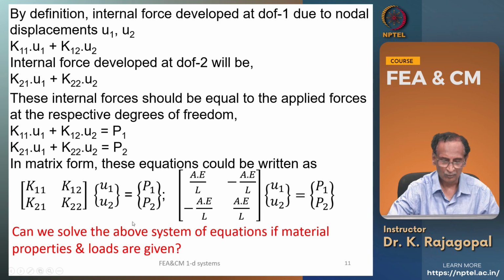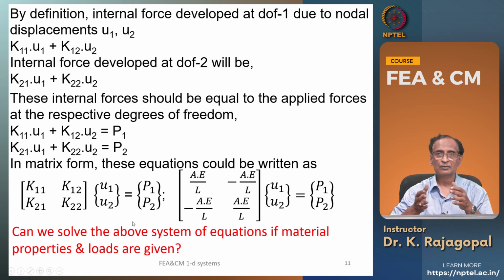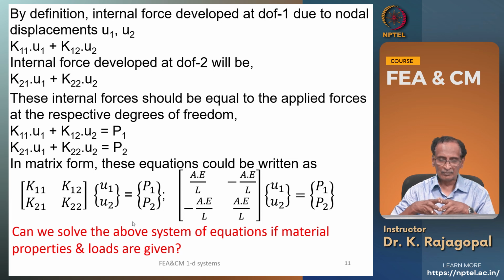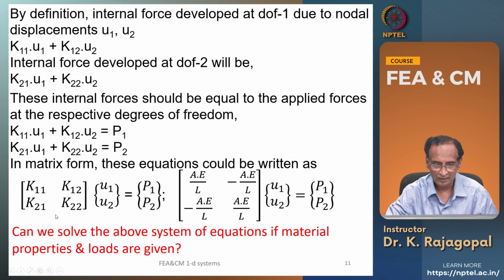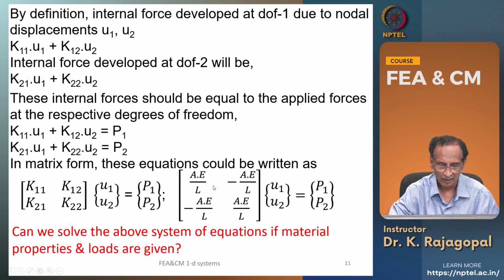So, now the question is, if I give you the material properties and the applied load, can you determine u1 and u2? That is, can we invert this matrix? Basically, that is what we mean. If we are able to invert this matrix, we can determine u1 and u2.